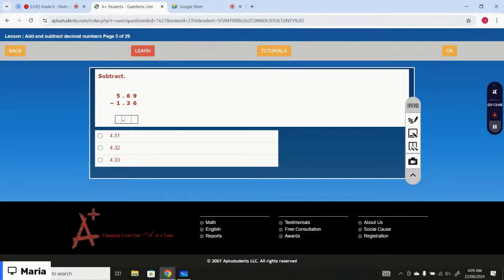You have to subtract. So the correct option is 4.33. Option number 2 is the correct option.